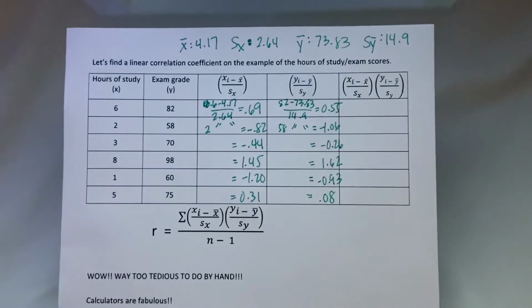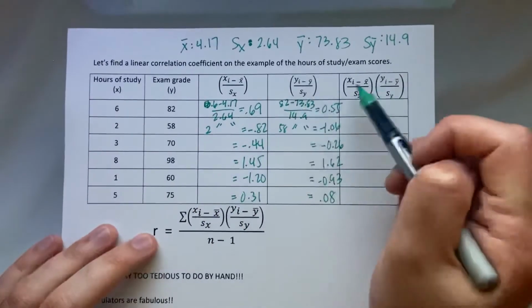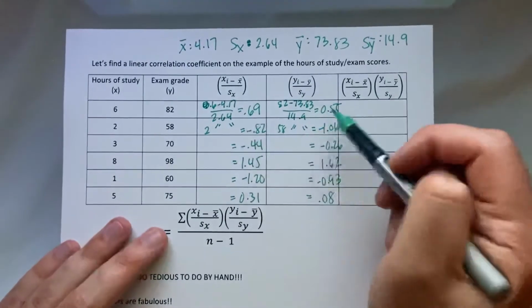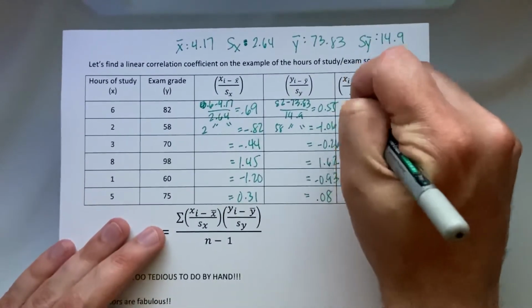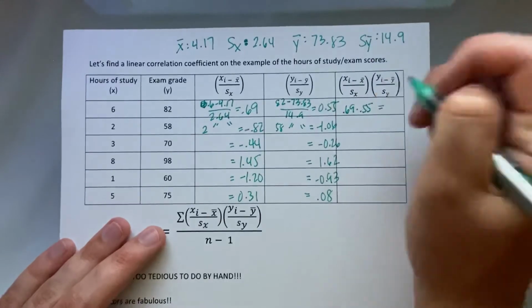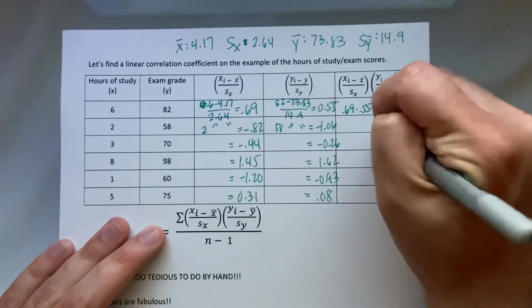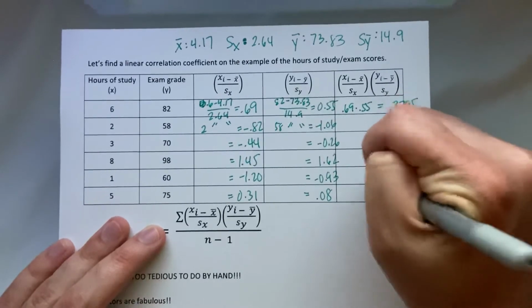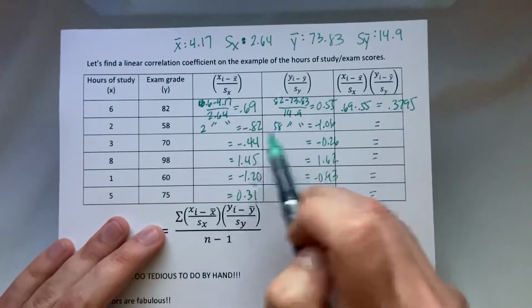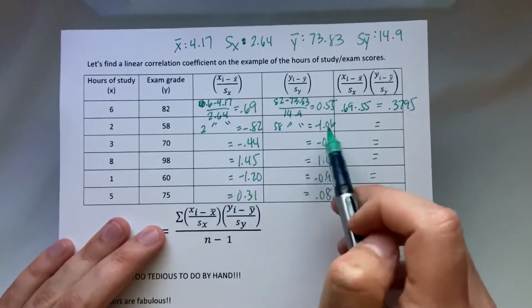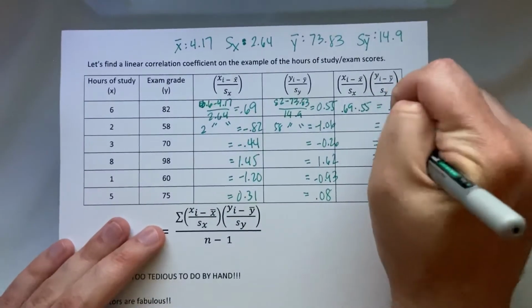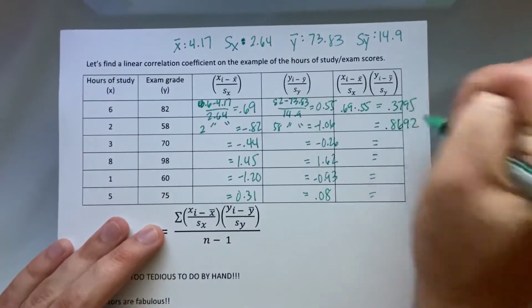Now, once we've done all of these, we have to multiply the corresponding pieces, because the formula says they get multiplied together. 0.69 times 0.55 is 0.3795, and you keep going all the way down, multiplying our answers for the two columns together. 0.82 times 1.06 is 0.8692.